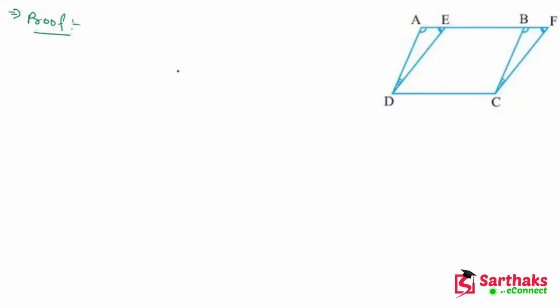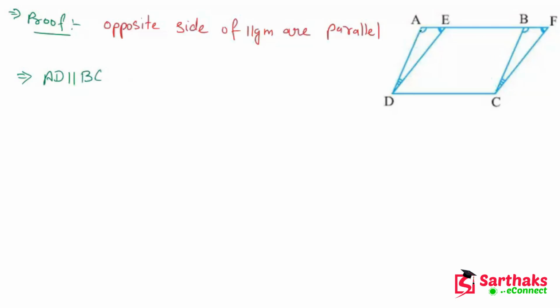We know that opposite sides of a parallelogram are parallel. Here we have two parallelograms, ABCD and EFCD.